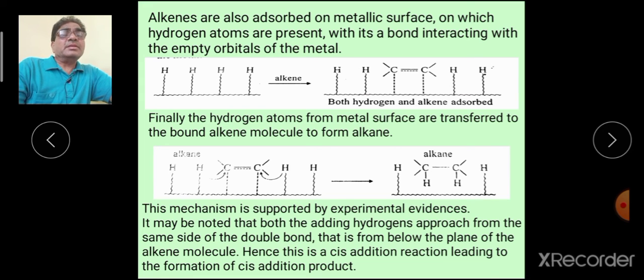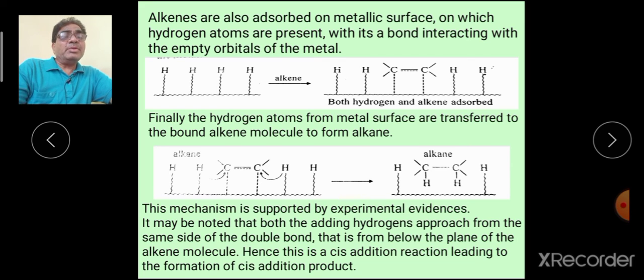Finally, the hydrogen atoms from the metal surface are transferred to the bound alkene molecule to form alkane. These hydrogen atoms are transferred to form this alkane molecule. Okay, this mechanism is supported by experimental evidence.